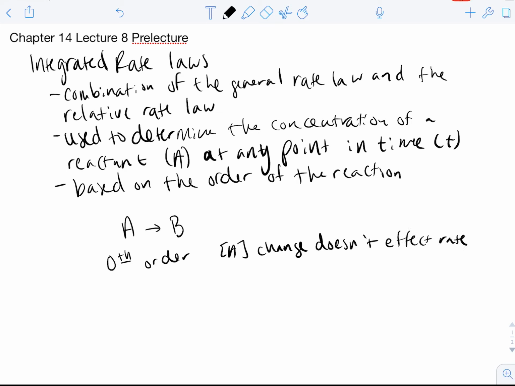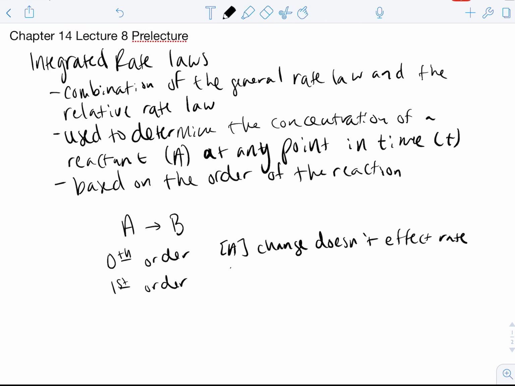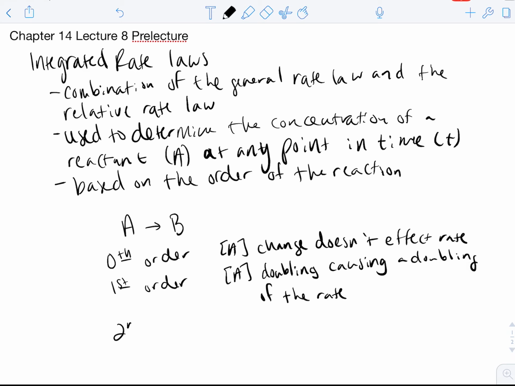we look at 1st order, where A doubling causes a doubling of rate, and we will look at 2nd order.